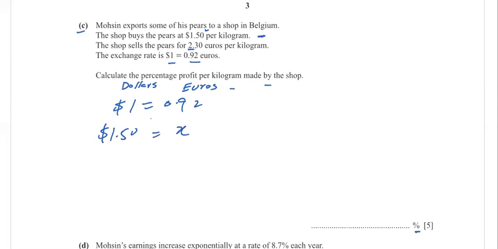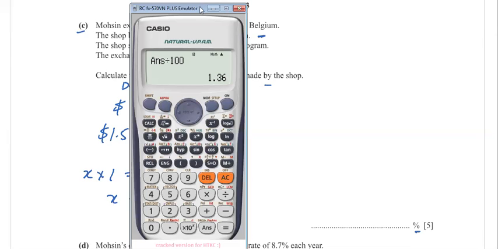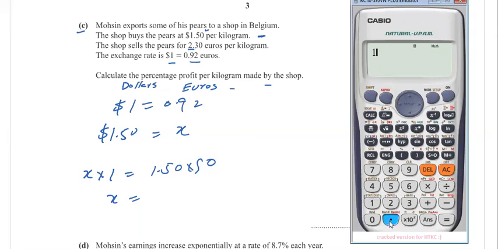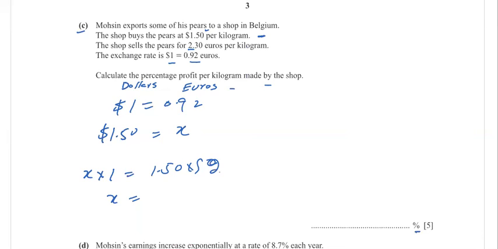And between the currency we know that is always direct proportion. So cross multiply. On cross multiplication it will be x into 1 equals 1.50 times 90. X will be 1.50 into 90. If I calculate it, 1.50 times 90, sorry, it's not 90, it's 0.92.